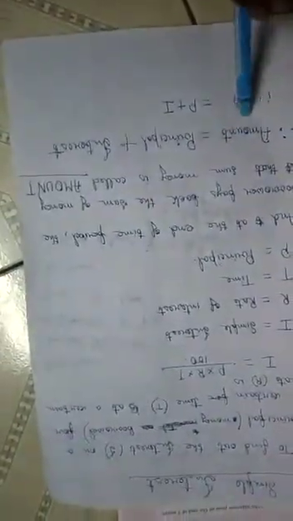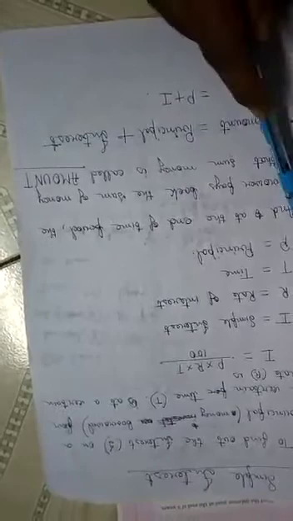Okay, and another thing we have to know is the amount. First we have to find out how much interest I have to pay for the principal that I have taken. The amount that I have to pay will be the principal, the money I have taken, plus the interest for keeping it for 1 year, 2 years or 3 years.